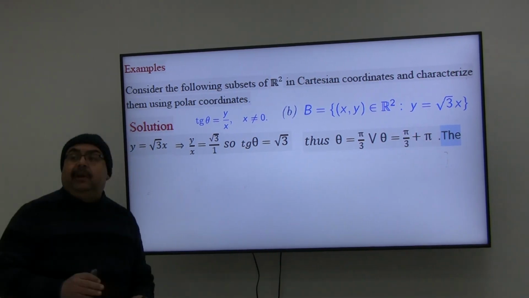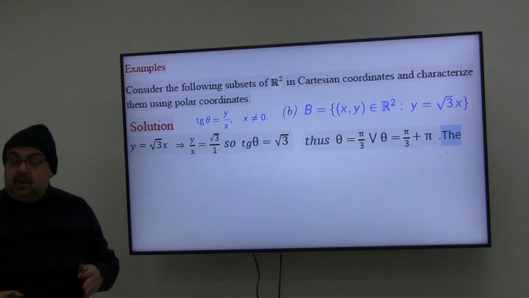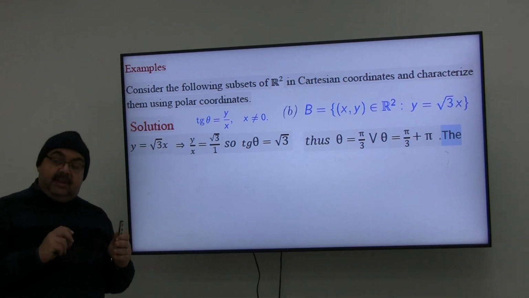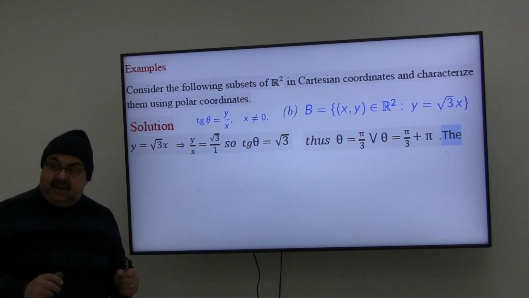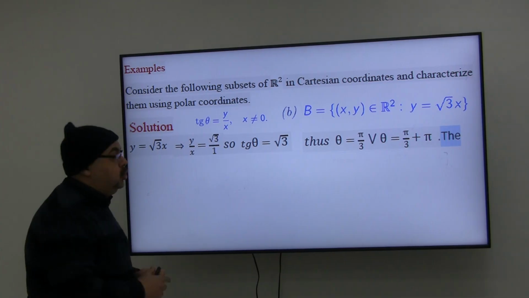Now I have no regulation on area Faisal. So if I want to write this equation in Cartesian, I will do it this way.